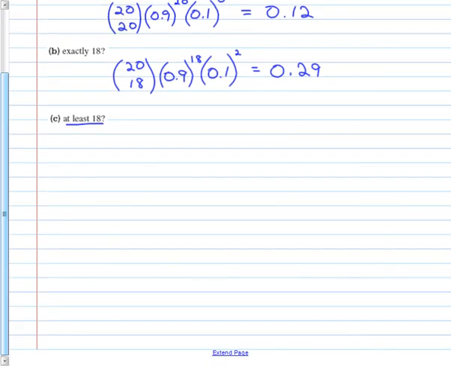At least 18. What does that mean, at least 18? 18, 19, or 20. So that would mean he makes 18: 20 choose 18.